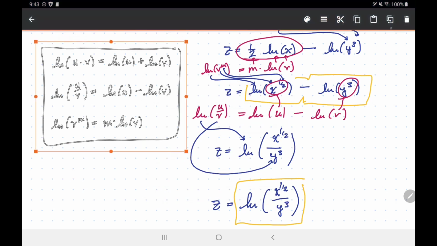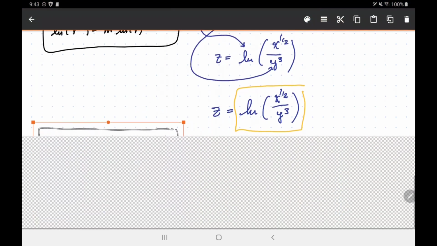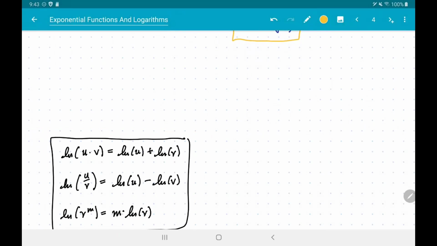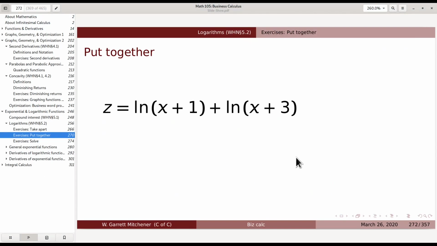Copy the list of formulas, move it down the page, and let's look at our next example. Okay, so there you go. That is z equals ln of x plus 1 plus ln of x plus 3.